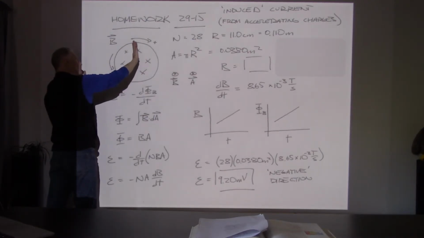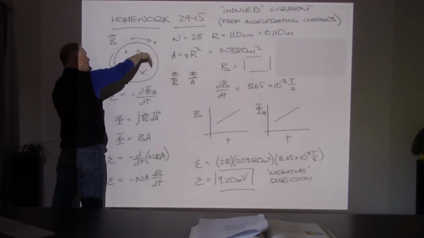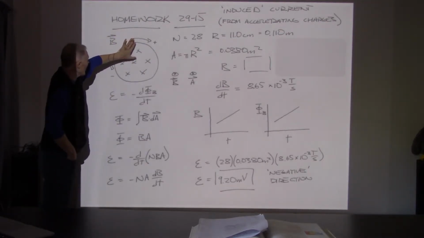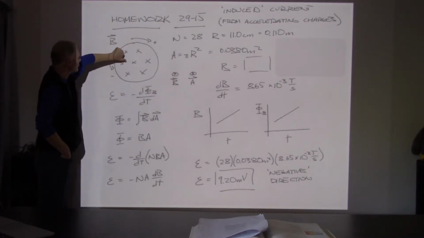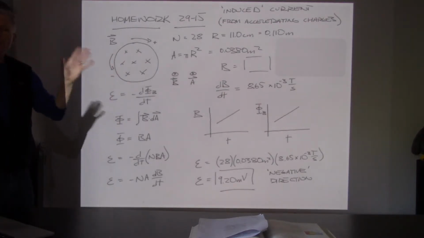And so if I put my thumb in that direction, then my fingers will curve in the positive direction. If I put my left hand thumb in that direction, the fingers will curve in the negative direction. You know, my left hand doesn't want to feel left out here. So anyway, there's a left-hand rule, right-hand rule.